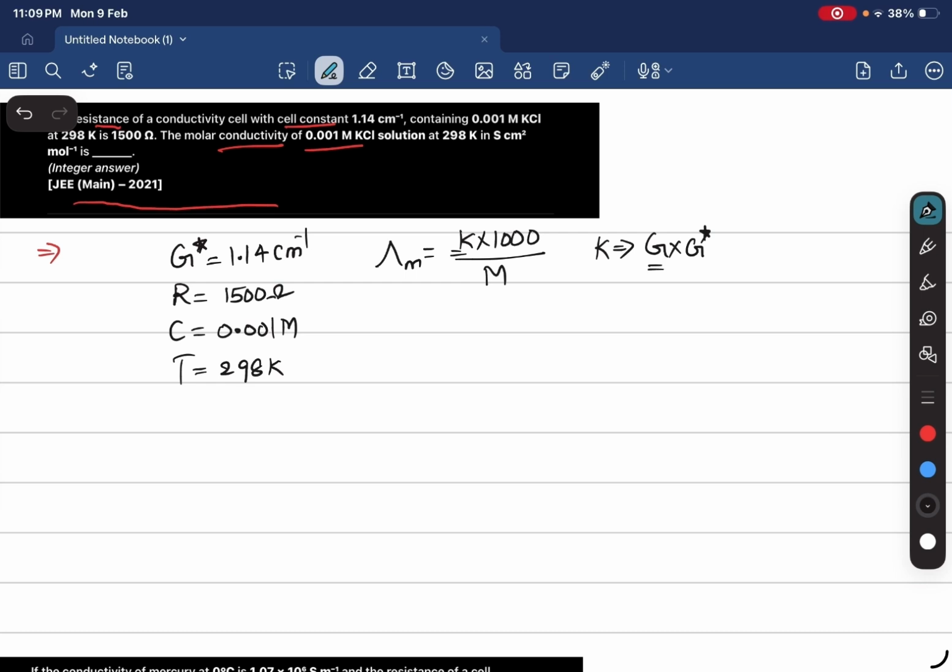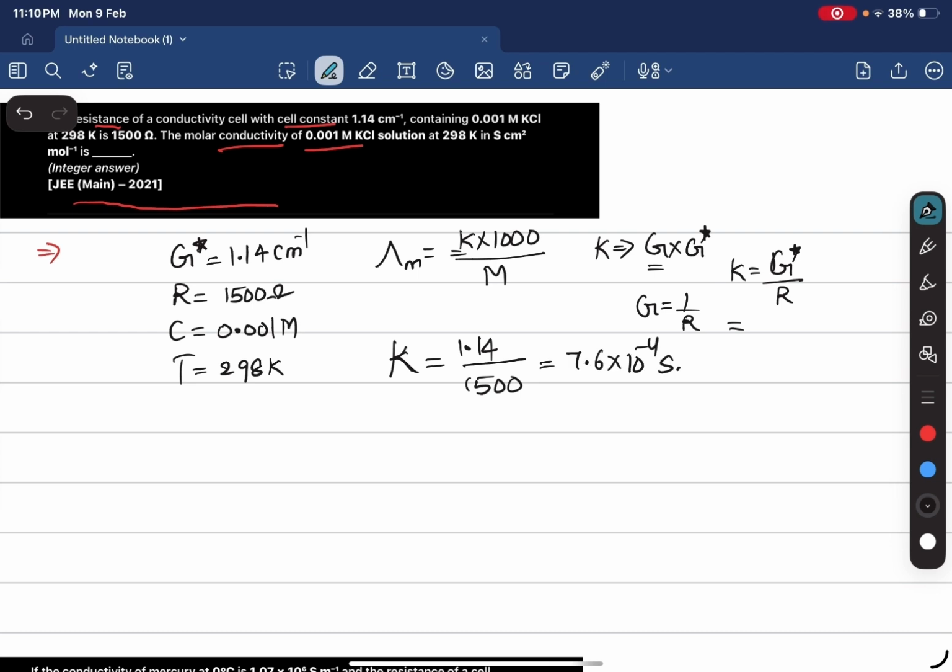Here G is not given directly; in place of G, you can write 1 by R. So kappa equals G star by R, cell constant by R. So kappa equals 1.14 by 1500 ohms. If you simplify this, you will get 7.6 into 10 power minus 4 Siemens per centimeter. This is the kappa value.